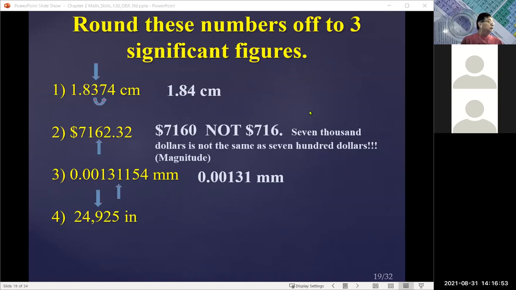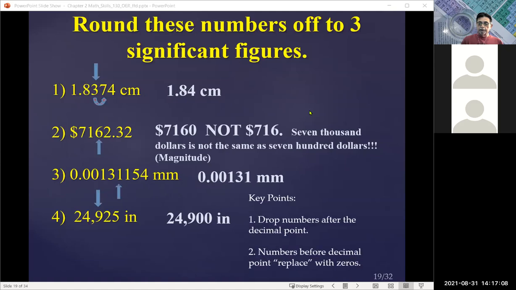So therefore the 2 becomes 0 along with the 5, because remember, you're at the 24,000 mark here. And so that is our number, 24,900. Okay. Key points. Drop numbers after the decimal point. Don't replace with zeros. And numbers before the decimal point, replace with zeros. Otherwise, you change the magnitude, like in the case of number 2 there in white.